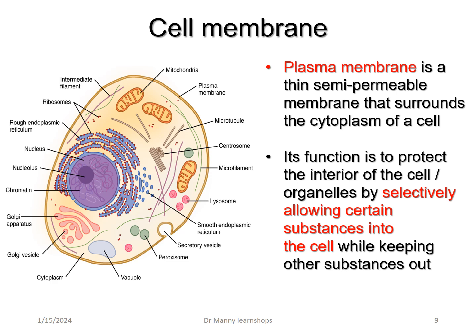Its function is to protect everything inside the cell so that the organelles are protected and certain things like the cytoplasm remain within the cell. However, the plasma membrane selectively allows certain substances into the cell while keeping out substances that it does not want to enter.